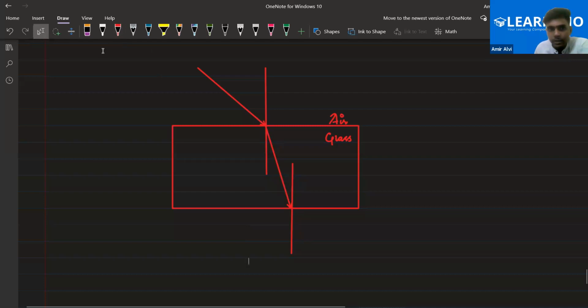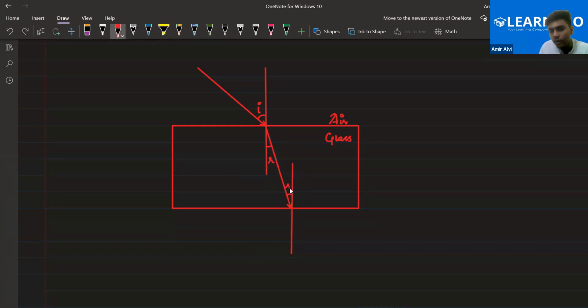This is the angle of incidence. This is the angle of refraction. These two normals are parallel to each other, so this will behave as a transversal, everyone. Do you remember the transversal line between parallel lines? So this angle will be nothing but the alternate interior angle, everyone.